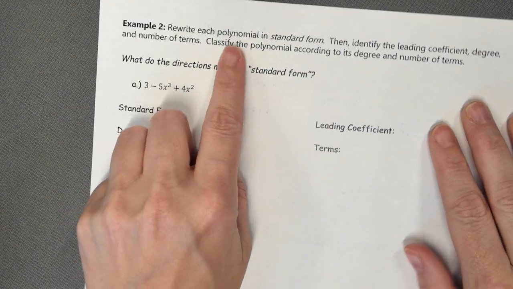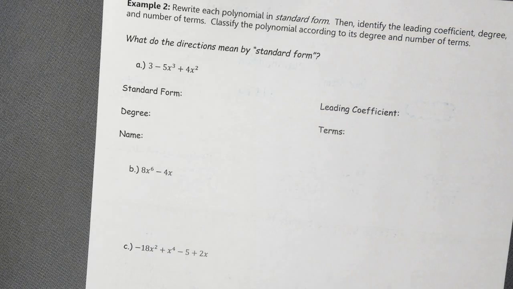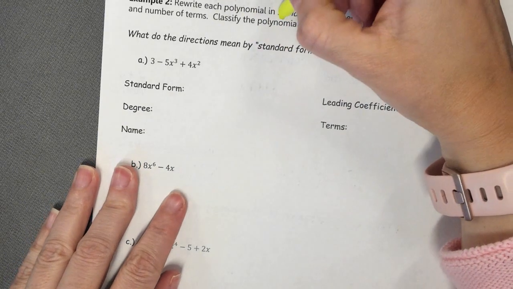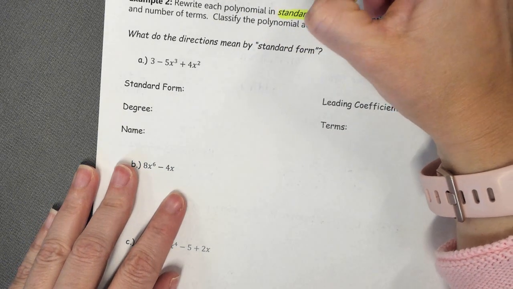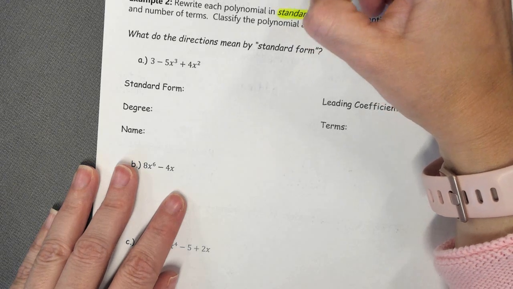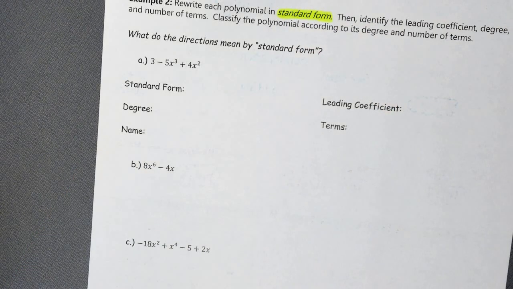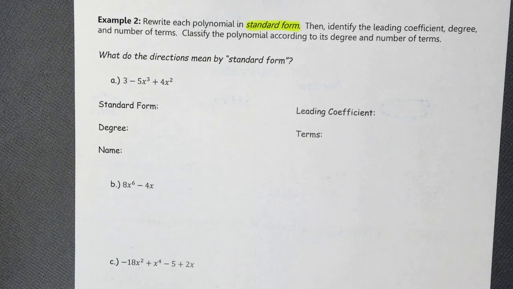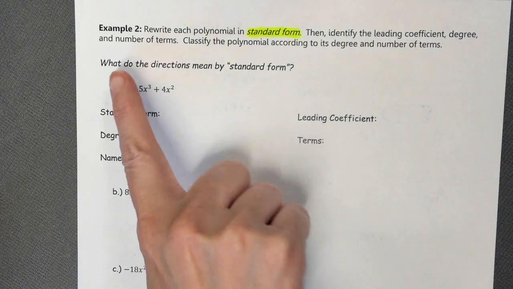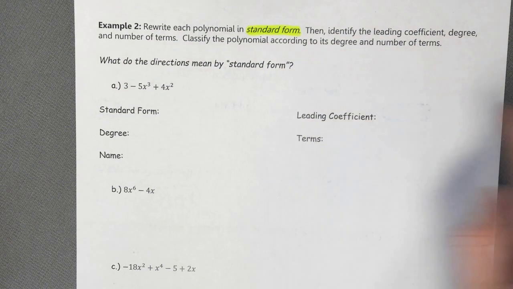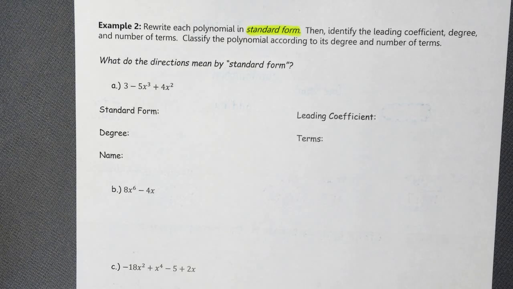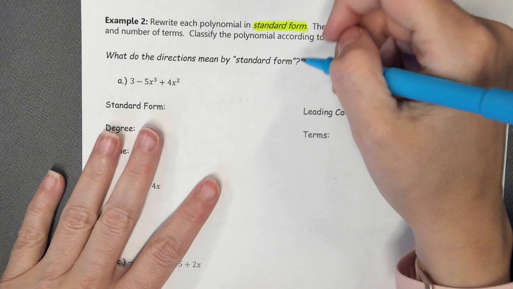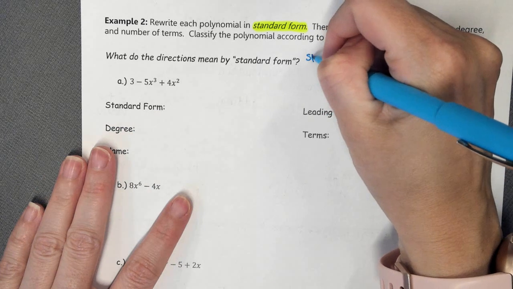Okay, so it says rewrite each polynomial in standard form. So as you move up in your math classes, polynomials are often given to you in standard form, and so we also want to write them in standard form. So what that means, it says, what do the directions mean by standard form? What that means is you start with the highest exponent.